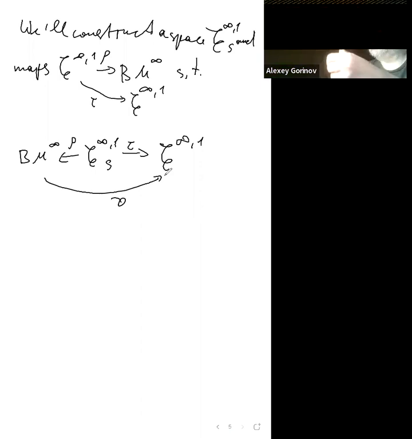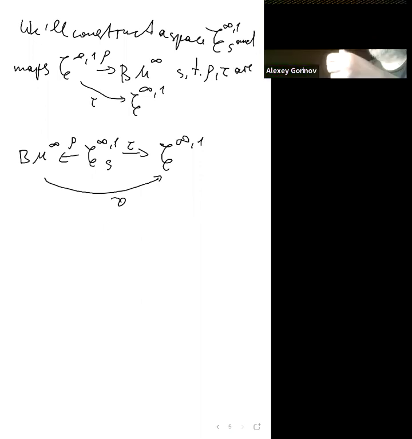So we will construct maps such that both maps rho and tau are equivalences or weak equivalences.